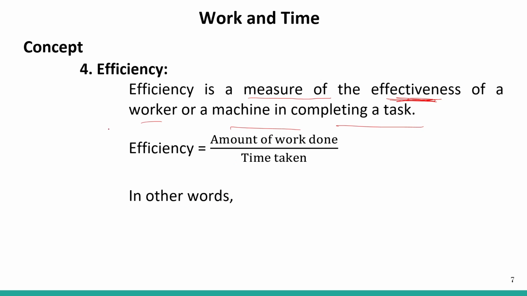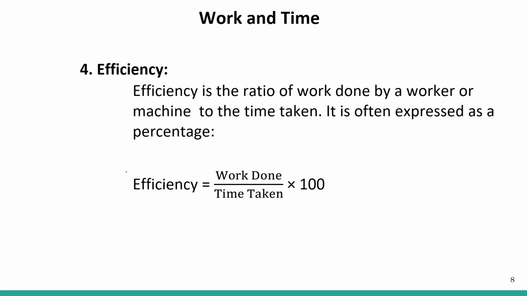So this formula is important, so please remember this one too. In other words, efficiency is the ratio of work done by a worker or machine to the time taken. It is often expressed as a percentage. So efficiency is equal to work done by time taken into 100, as we want to tell it in percentage.